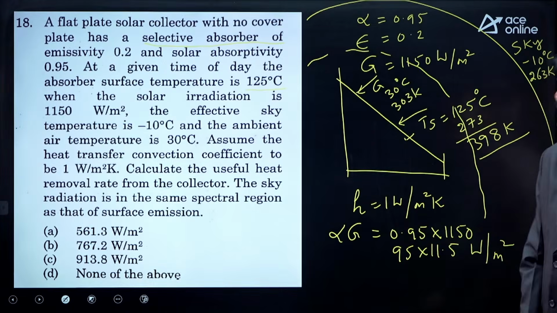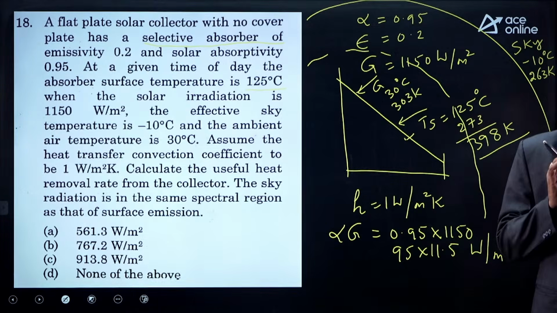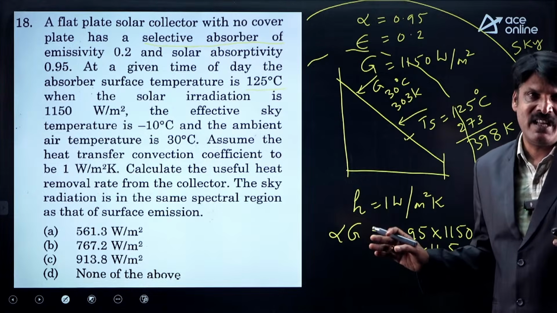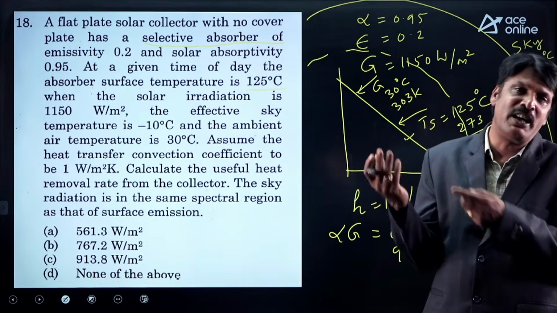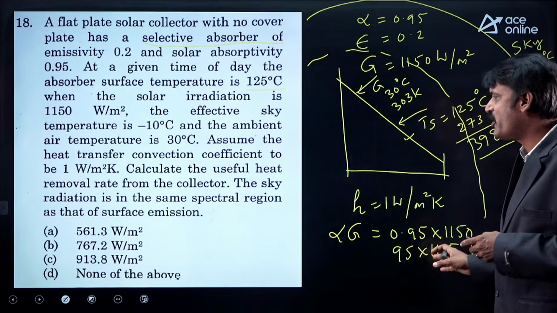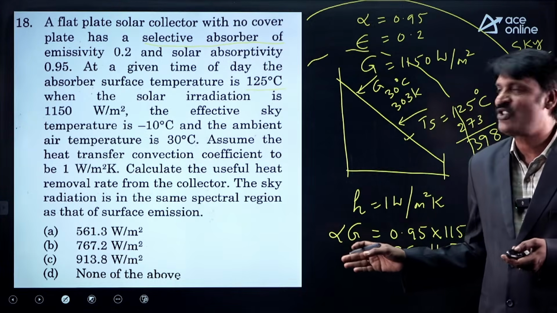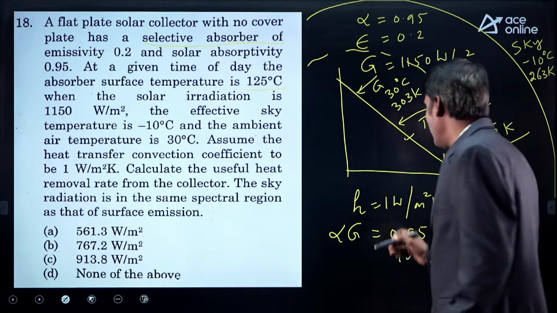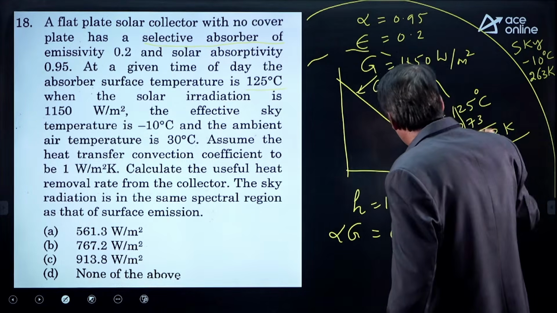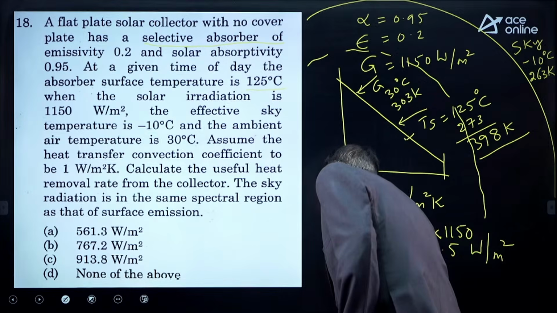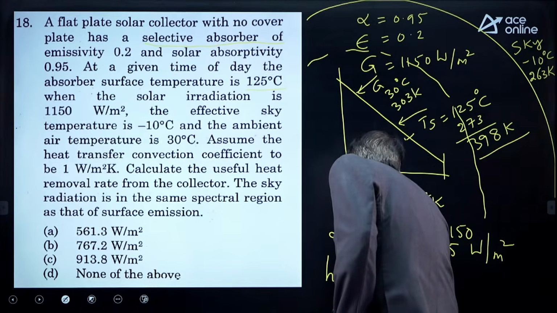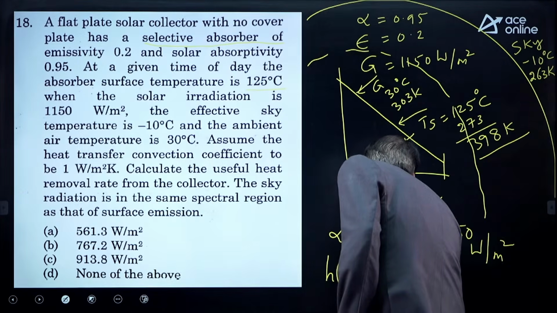Now, this particular value, if it is in the absence of convective environment, and if it is in the absence of radiative heat losses, this should have been the total amount of heat that has to be removed from the collector, but it is not so. What it is doing is, the ambient that is present here is absorbing heat per unit area, which is h times Ts, surface temperature, minus the ambient.